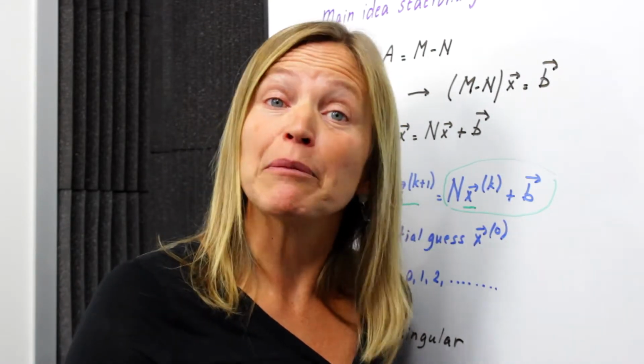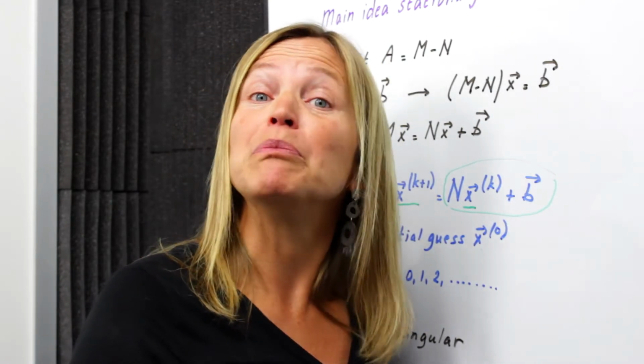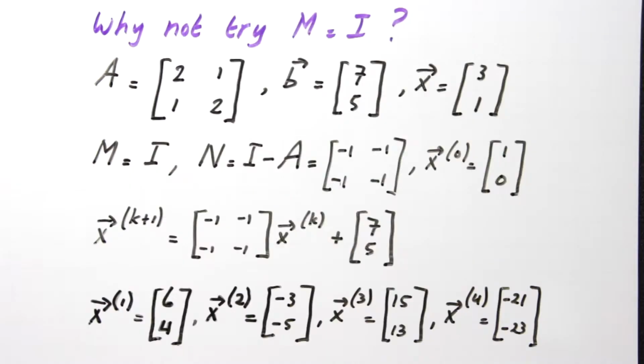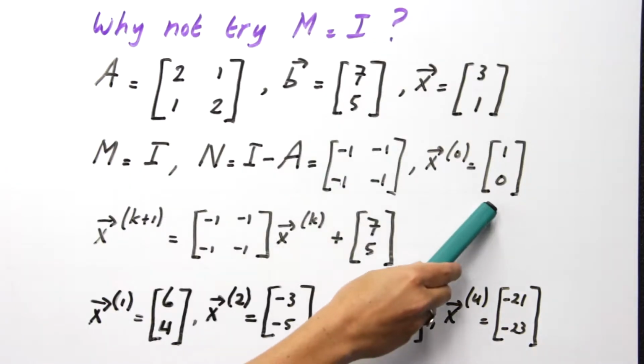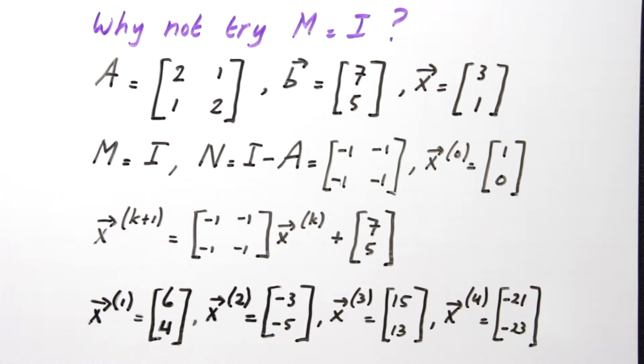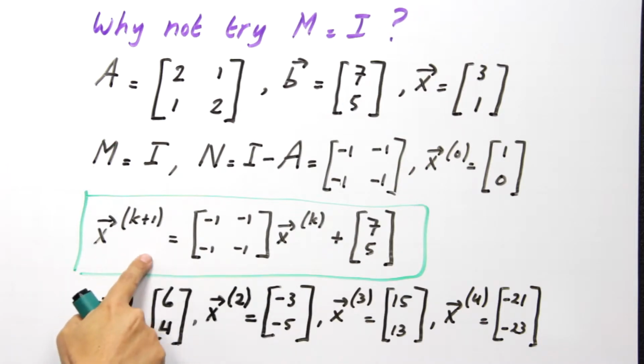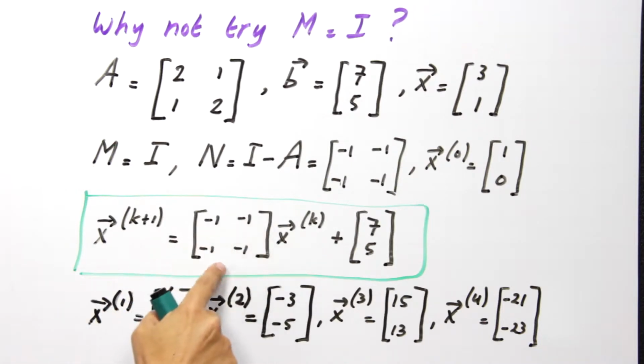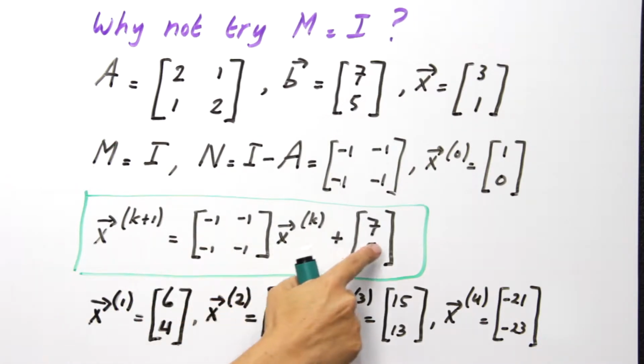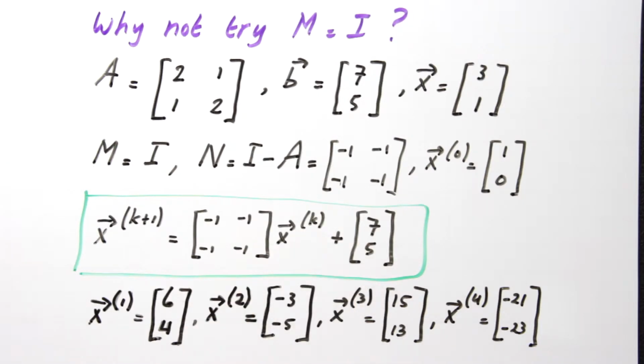Very often we choose something simple, like maybe x0 is equal to b. In this case, I just chose x0 = (1, 0). So the iteration itself will look like this: xk+1 is explicitly given as this little matrix times xk plus b, which is (7, 5).